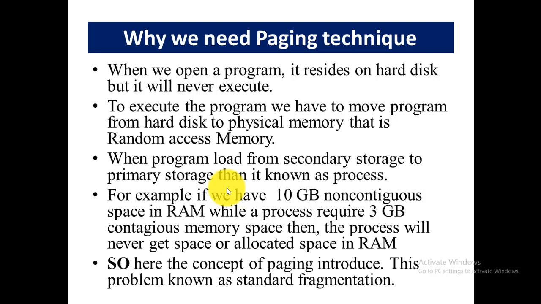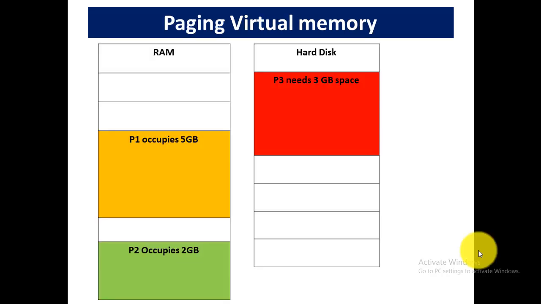So here the concept of paging was introduced to solve this problem, known as standard fragmentation. As the name suggests, it fragments, it splits the memory into equal sizes. This is an example of paging virtual memory in which the RAM and the virtual memory are both divided into equal sizes, usually 4 KB.